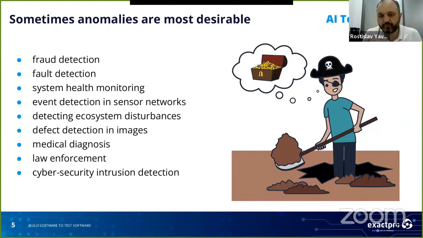Once you find this anomaly, this is really the valuable part for you. This is something you are looking for. So you see, sometimes we look for anomalies just to discard them. In other examples, anomaly is actually what we really need from this huge amount of data.